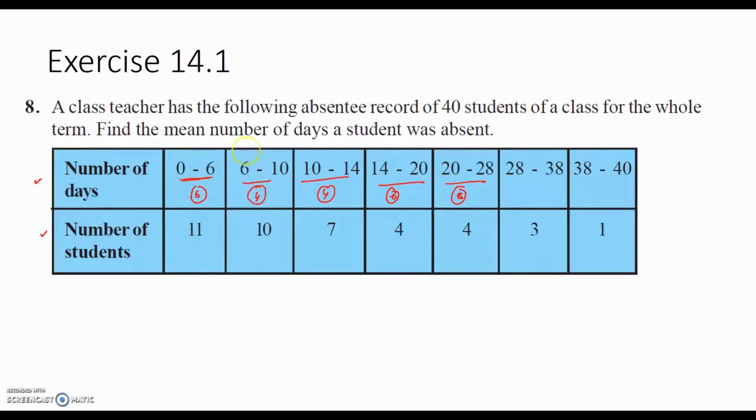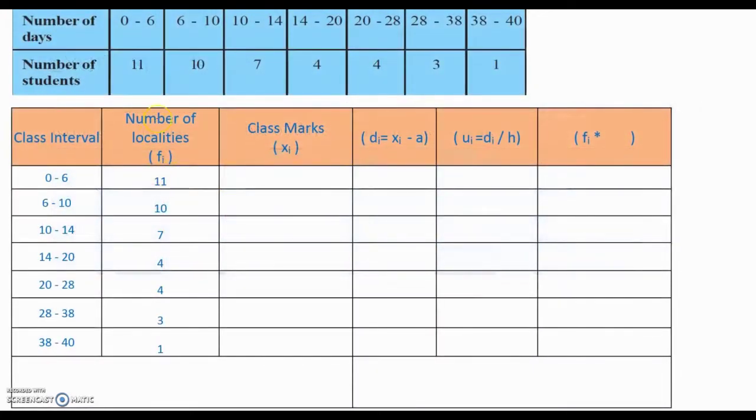Okay, so let us see. 0 to 6, 6 to 10, we wrote it here in the class interval, so we'll go by the same method as the previous question.